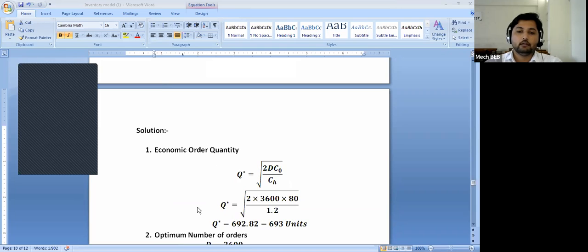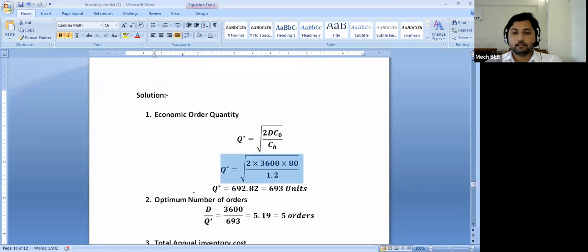Once you determine the economic order quantity, the next steps are very easy. The second unknown that we have to determine is the optimum number of orders. कम से कम कितने ऑर्डर देने पड़ेंगे एक साल में? That is nothing but the optimum number of orders. Here we have considered 693 units as the EOQ.